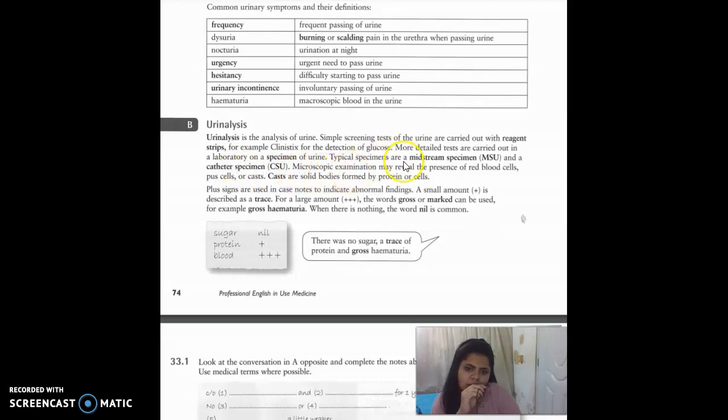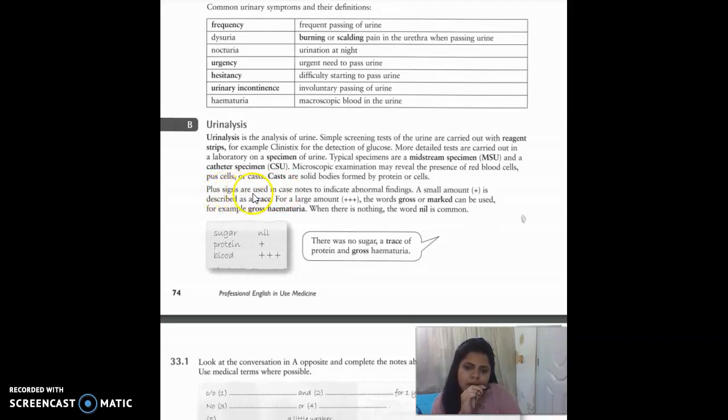Microscopic examination may reveal the presence of red blood cells, pus cells, or casts. Casts are solid bodies formed by protein or cells.